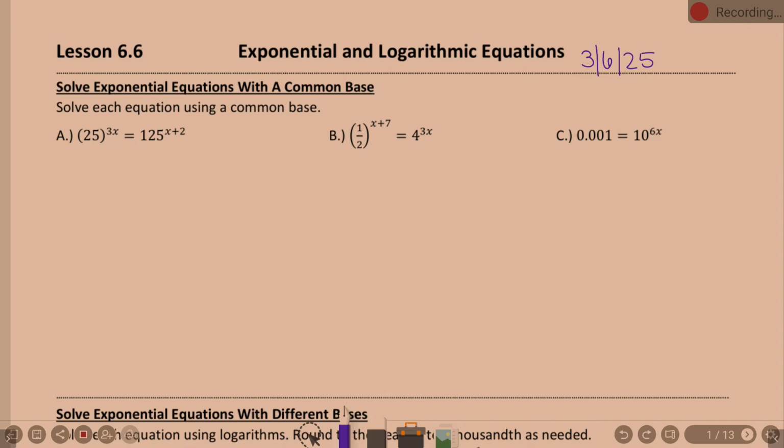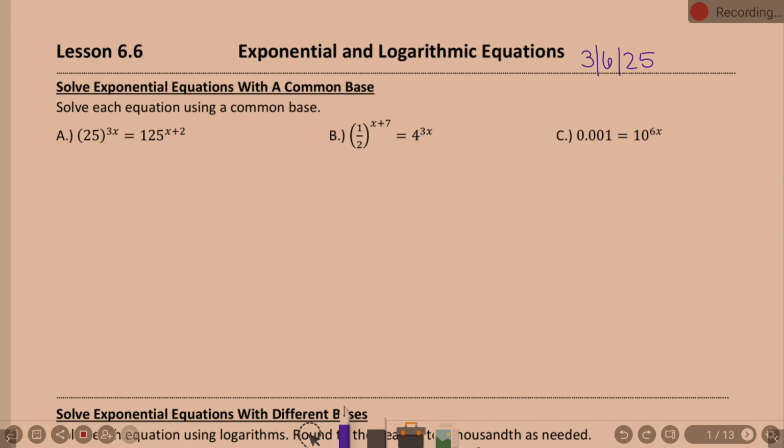My bases right now in the first example are 25 and 125. This is where the gold paper comes in handy. What do 25 and 125 have in common? How can we rewrite these as powers using the same base?